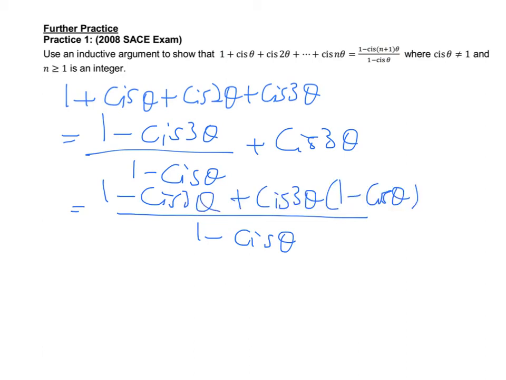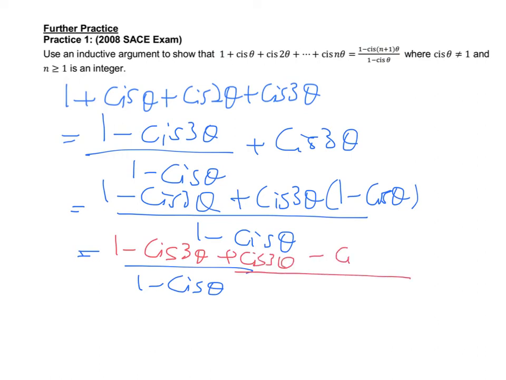So this is what you will get. You probably see by now that if you expand the numerator, you end up seeing sec 3 theta plus sec 3 theta and minus sec 3 theta sec theta, and we know what this last term is.